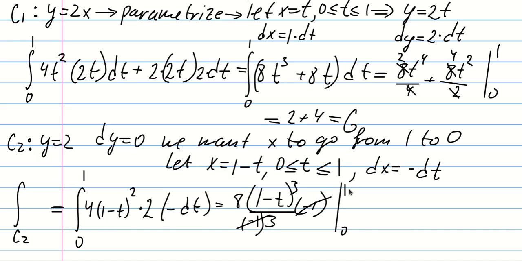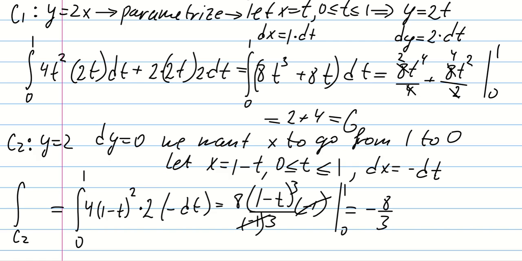So what happens if we plug in 1? If we plug in 1, 1 minus 1 will be 0, so this will zero out. But then if we plug in 0, 1 minus 0 will be 1, so we'll have 1 cubed, which is 1. So it's 8 over 3 with a minus because we subtract this part. So negative 8 over 3.